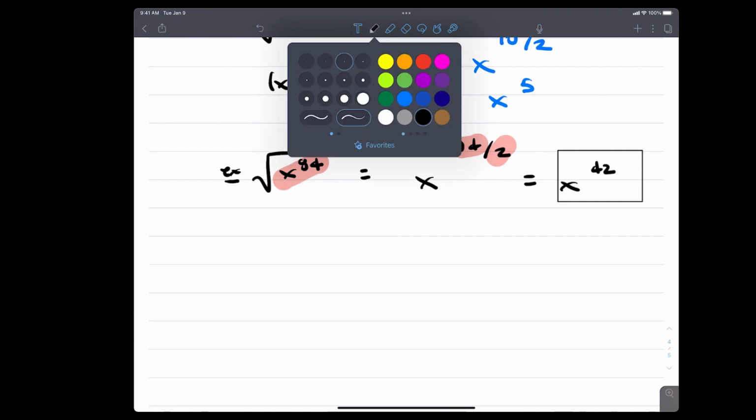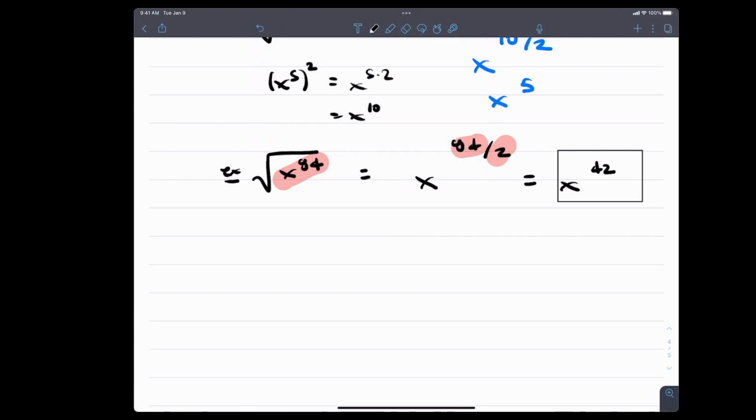Well, let's check. Does it matter if the base is x? Can I change the base on you? Can I use y, z, a, b, c? So let me ask you guys, evaluate. Let's see if you're awake. Question 1. Square root of x to the 14th power. Question 2.